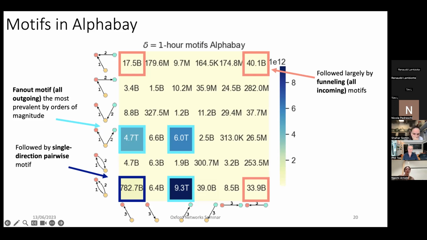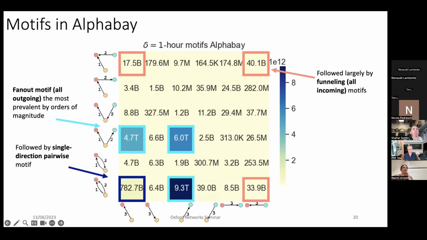If say one entity has thousands of transactions within an hour, that's going to make up that many motifs just because of the ones that can be made out from that, and I might be able to talk about that at the end. We had a little look at how you maybe account for that to see how many of those are just by chance.